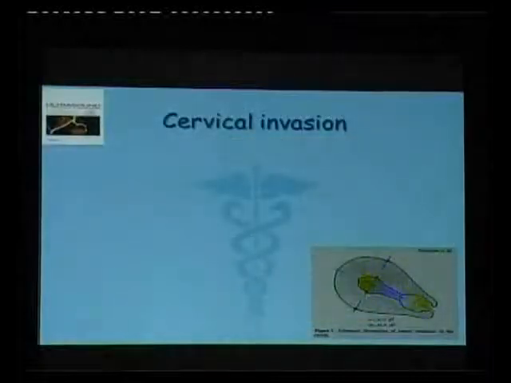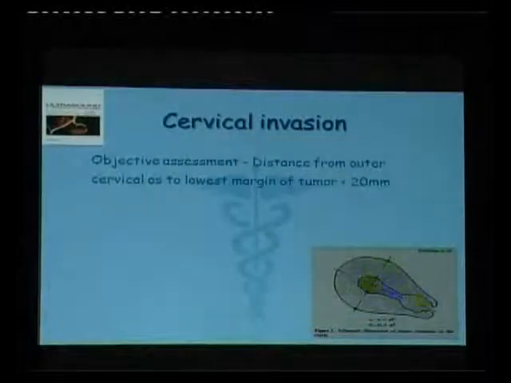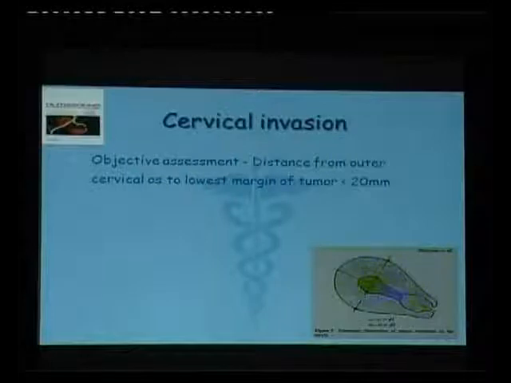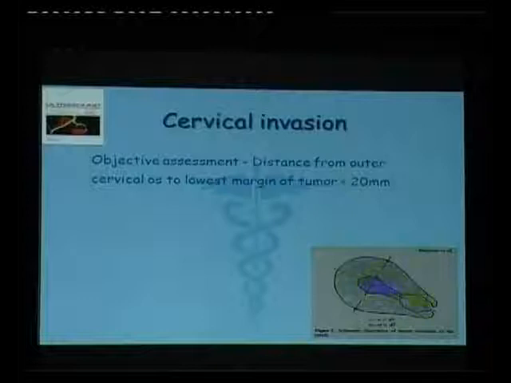The second thing, regarding cervical invasion, is to objectively assess the distance from the outer cervical os to the lowest margin of the tumor. If it is less than 2 centimeters, it is definitely highly suggestive of the possibility of a cervical invasion.